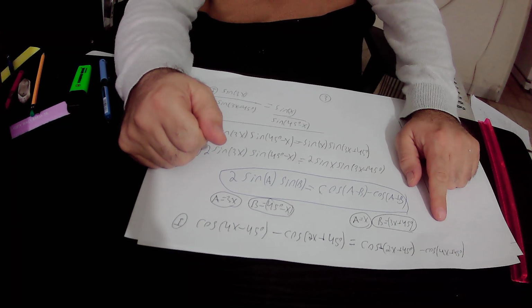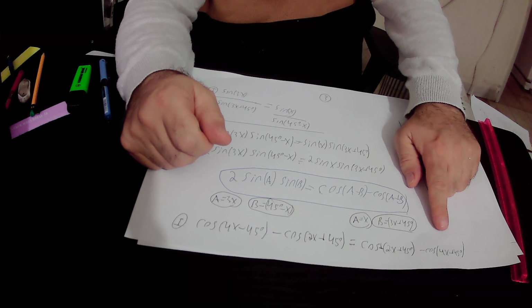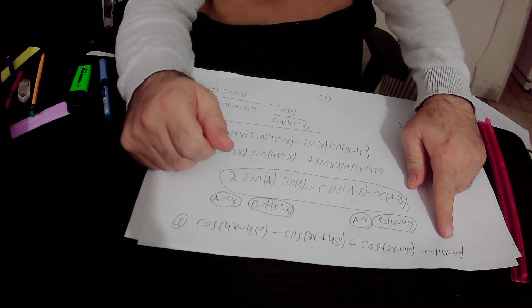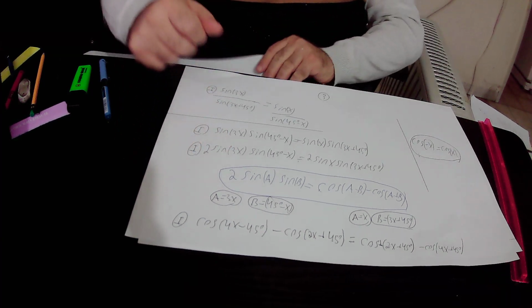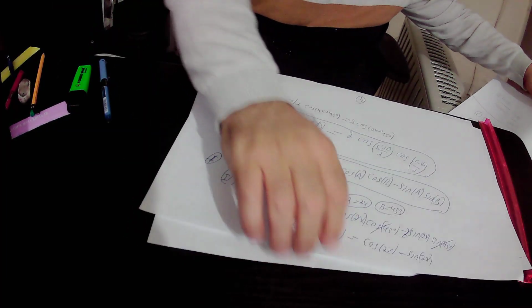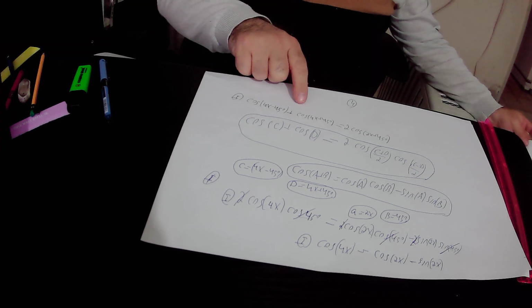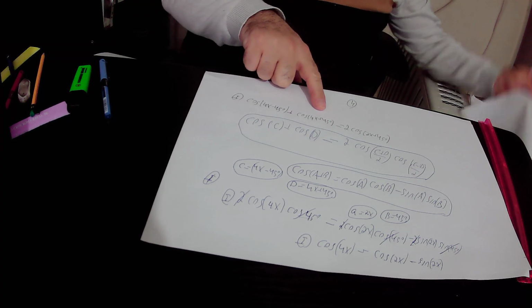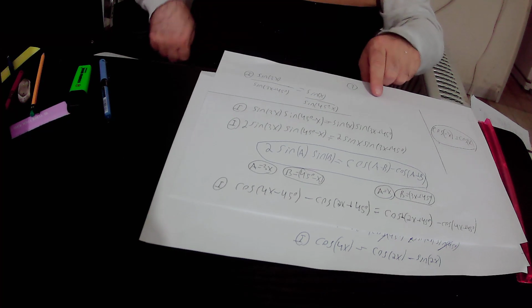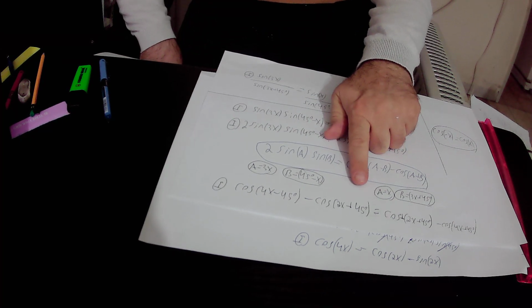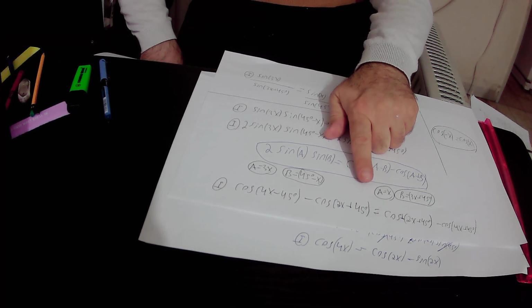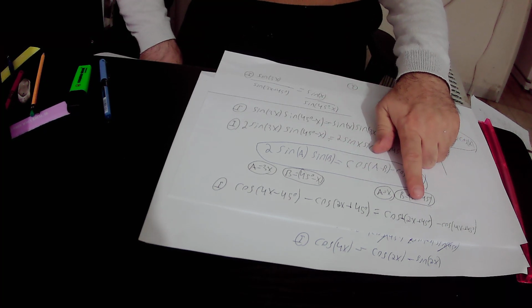Okay, so here we added cosine 4x plus 45 degrees to this equation, and we added cosine 4x plus 45 degrees, and here we add minus cosine 2x plus 45 degrees, so we added also minus cosine 2x plus 45 degrees, and we have here also cosine 2x plus 45 degrees.